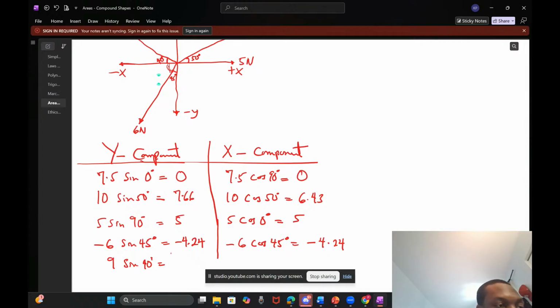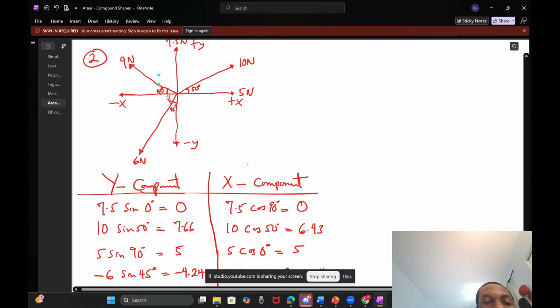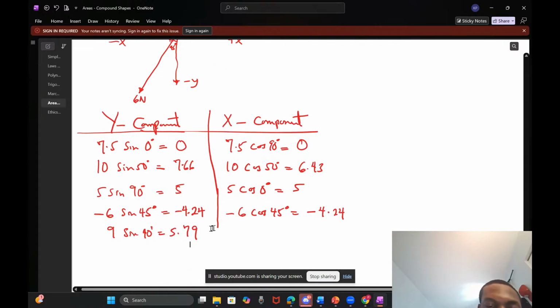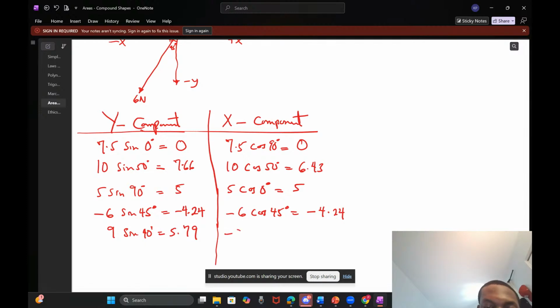So that's 5.79. So the x component, this will be negative 9 cos 40. So this is minus 6.89.